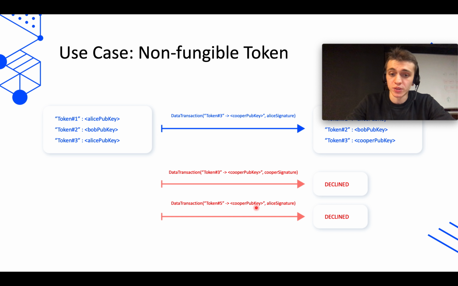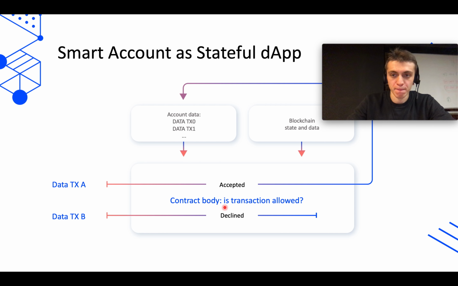Again, if Alice tries to transfer token number 5 to Cooper, it's not allowed also because there is no token number 5. Okay, so again, a smart contract can just check some variables, can just check some conditions, and if everything is okay, the transaction is allowed.